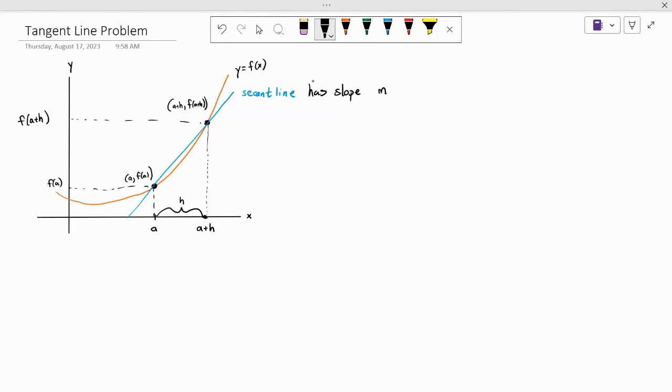And generically, right, the slope of the line is the change in the y values over the change in the x values. So here, the change in the y values, I apologize, would be, let's say, this y value minus that one, right? So it would be f at A plus H minus f at A.